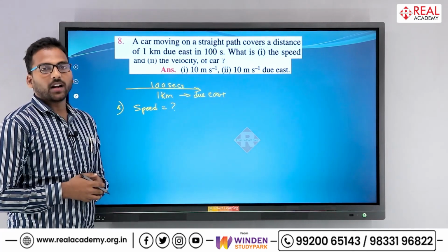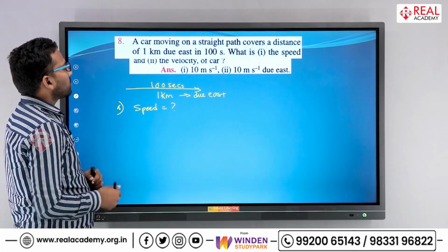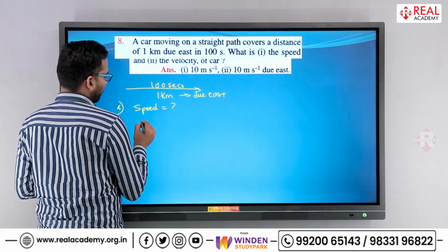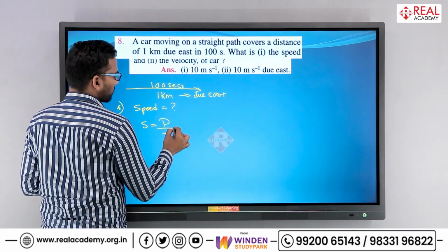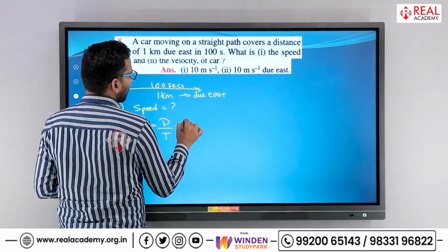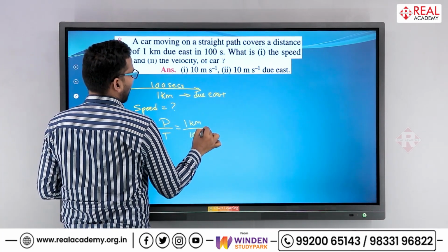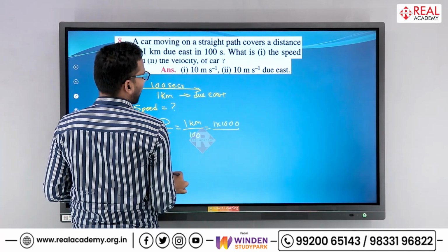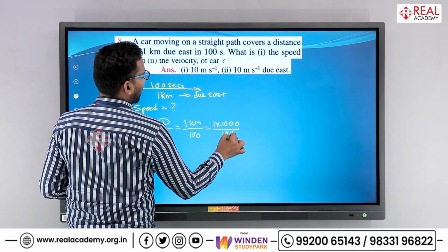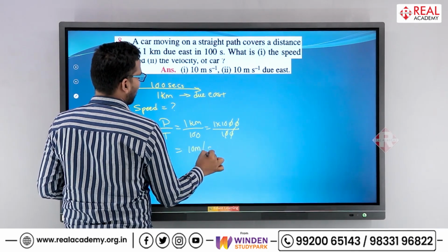They have asked us to find the speed. The speed is distance upon time. So distance is 1 kilometer upon time is 100 seconds. We all know 1 kilometer is 10 raised to 3 meters, and upon 100. So the answer is 10 meter per second.